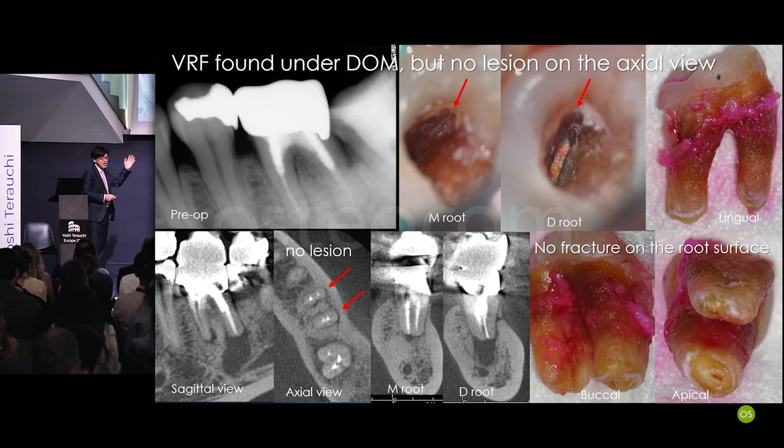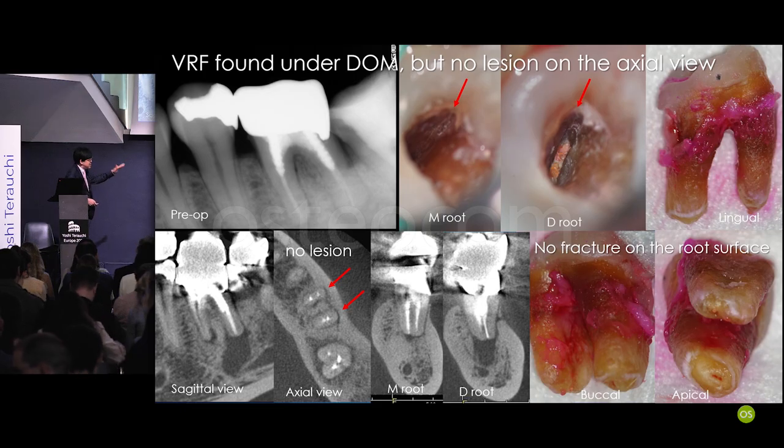So again, this is another big mistake I ever had. Every time I made a mistake, I learned something from my mistake. So this mistake tells me, don't extract a tooth unless you see the lesion associated with a crack. I didn't see the lesion associated with a crack.